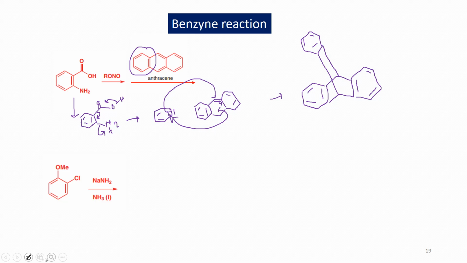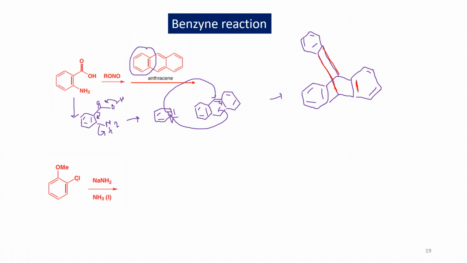So here, if we try to draw which new bonds are formed in this reaction, this is the new bond formed, and these two sigma bonds are new, and this pi bond is new. Okay. So just by adding this type of trapping reagent, you can trap the benzyne.